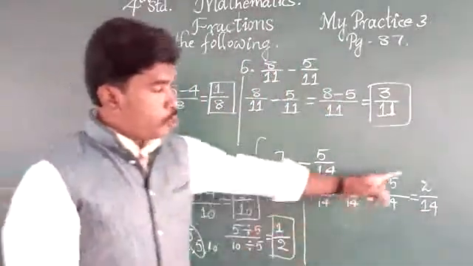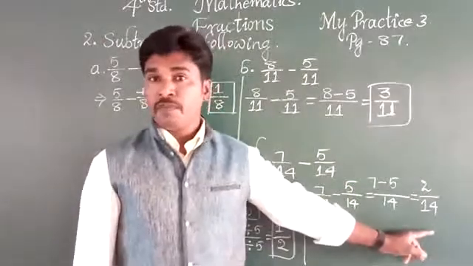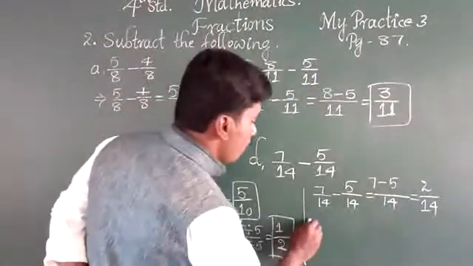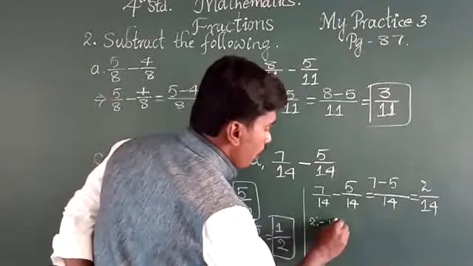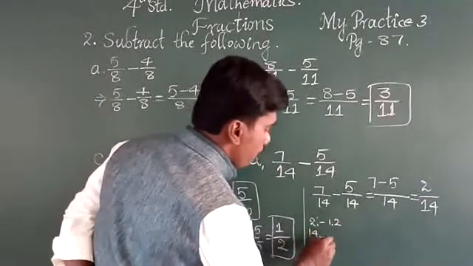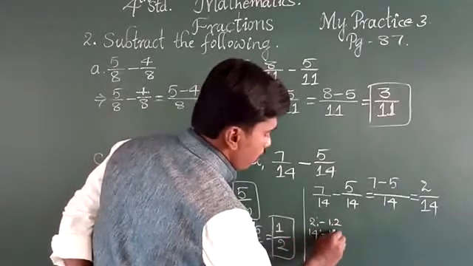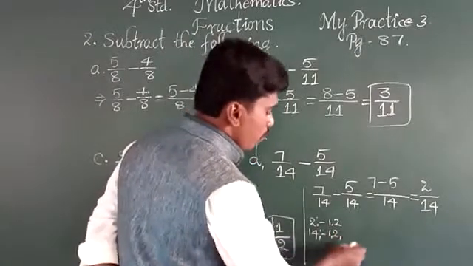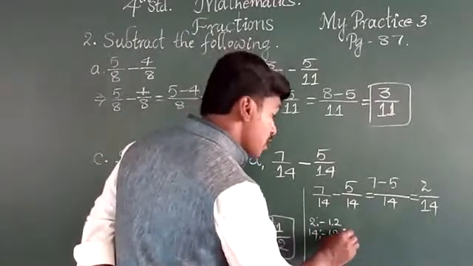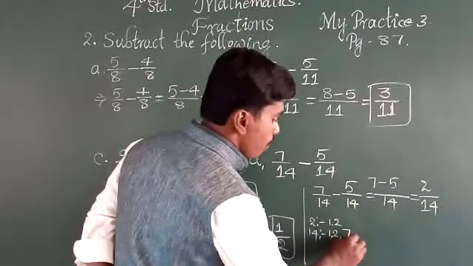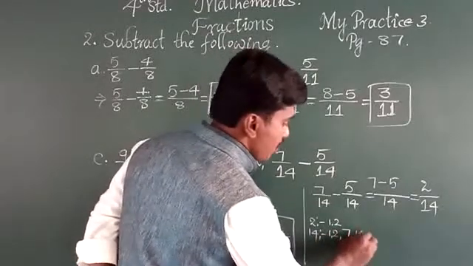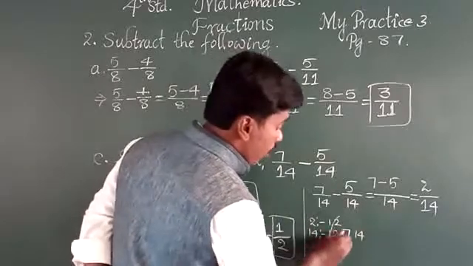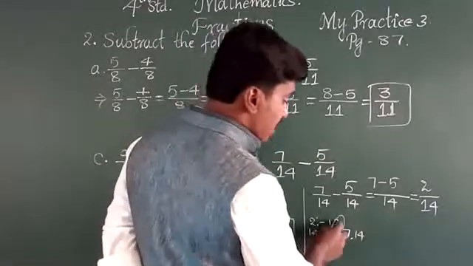Can you divide 2 and 14 by some number? What are the factors for 2? For 2, it is 1 and 2 itself. For 14, 1, 2, 7 and 14. So what is the highest common factor? It is 2.